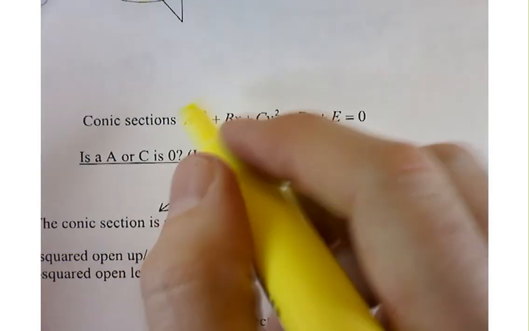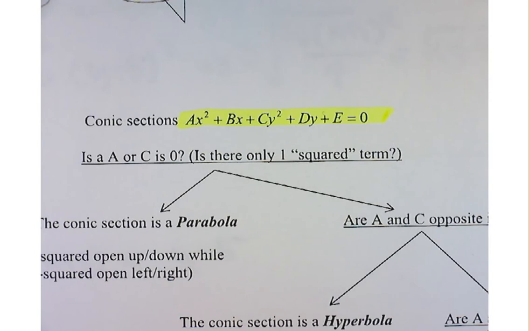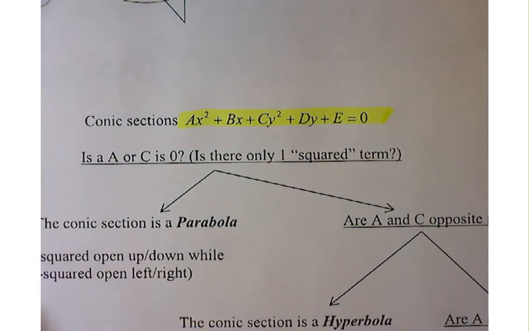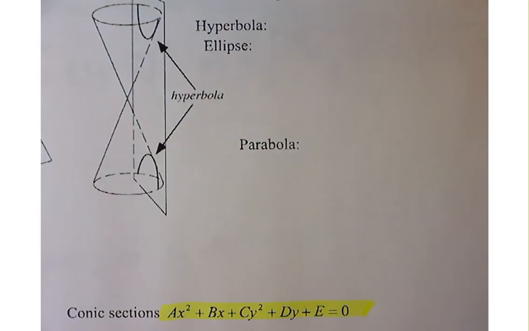This is one of your handouts. What you're going to do a little bit later today is try and decide what the effect of making some of these positive, some of them negative, some of them equal, what all that stuff does. But one way or another, if you work with this equation, you're going to get a conic section.